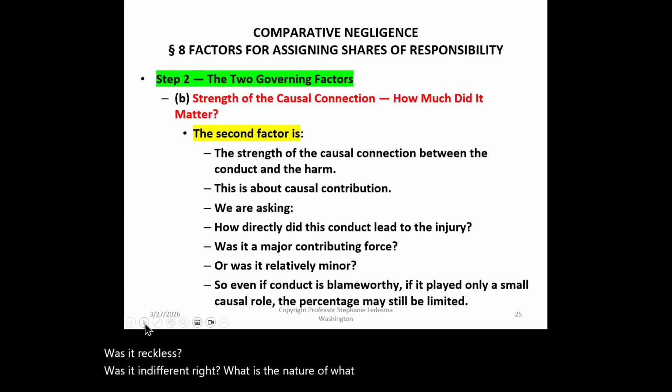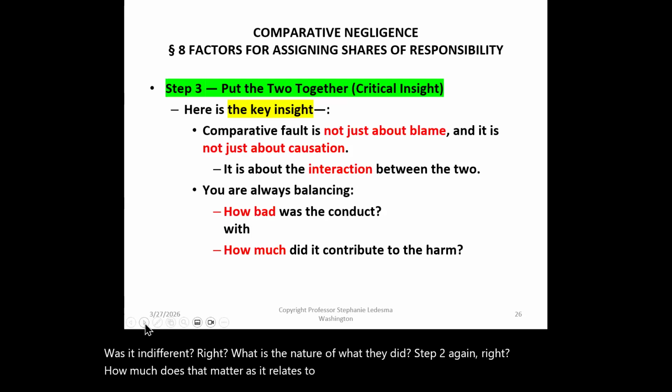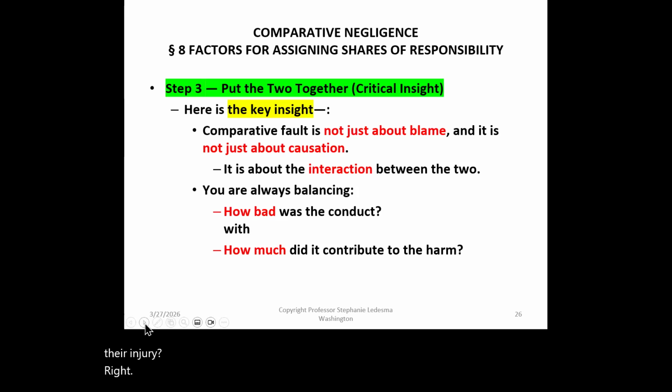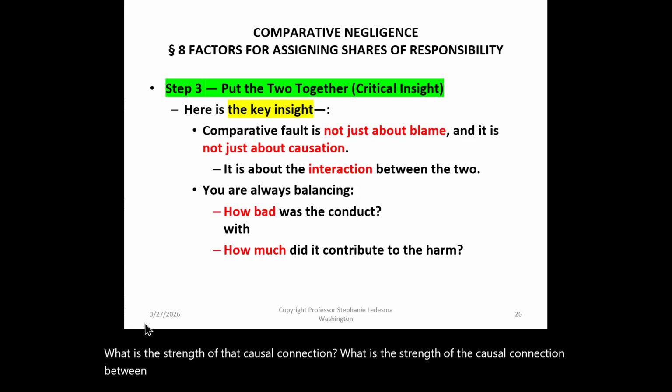Step 2 again, right? How much does that matter as it relates to the connection between what the plaintiff did and their injury, right? How much does it matter? Step 3, once we get to step 3, what is the strength of that causal connection between the plaintiff's conduct and the harm?